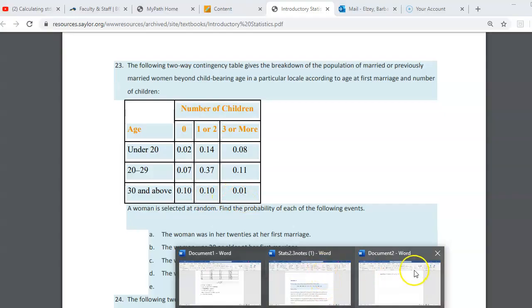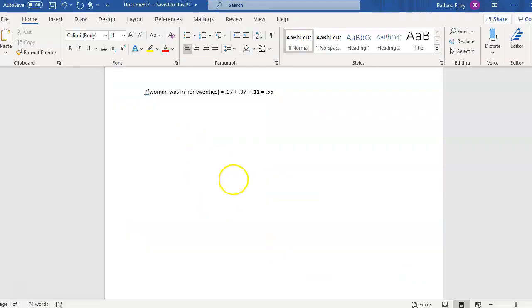So the probability that a woman was 20 or older is 0.55 plus 0.10, another 0.10, and 0.01, and if we add all that up, that's 0.76.